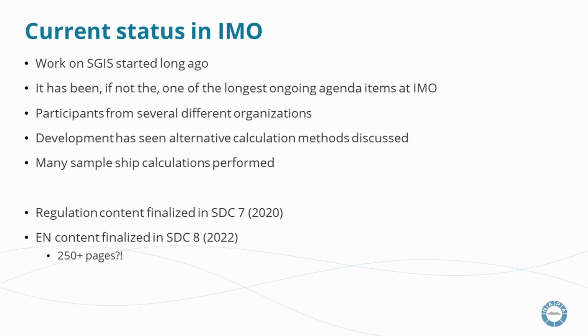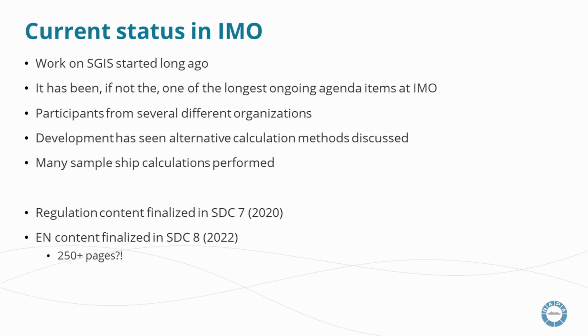So where are we at the moment with the second generation intact stability in IMO? Well, the work started a long time ago, and it has probably been, if not one of the longest, ongoing agenda items at IMO. The development has been conducted by participants from multiple and different organizations.